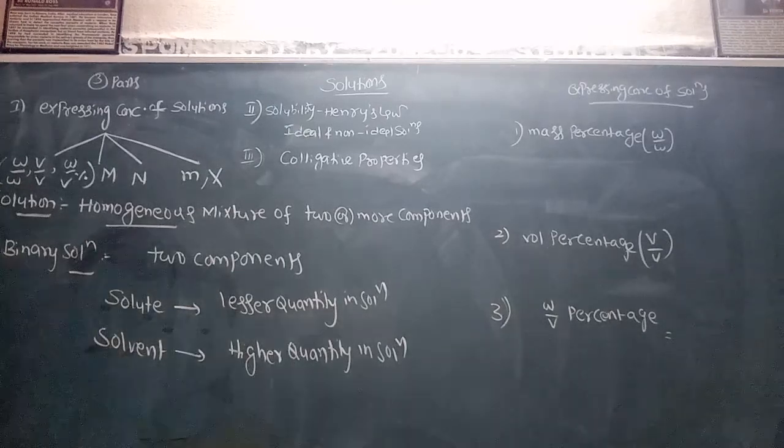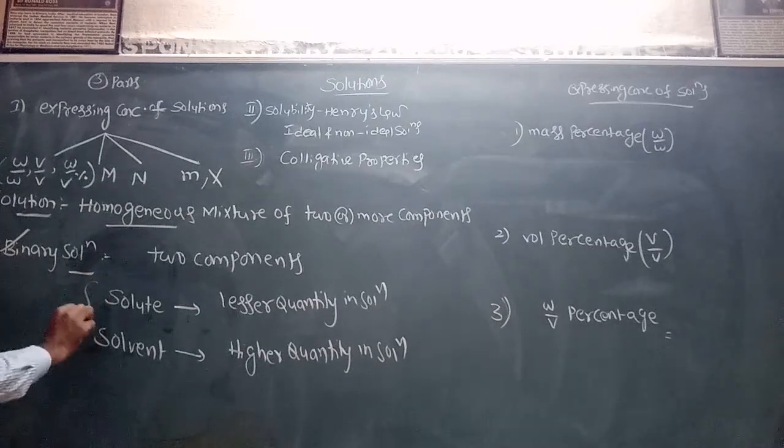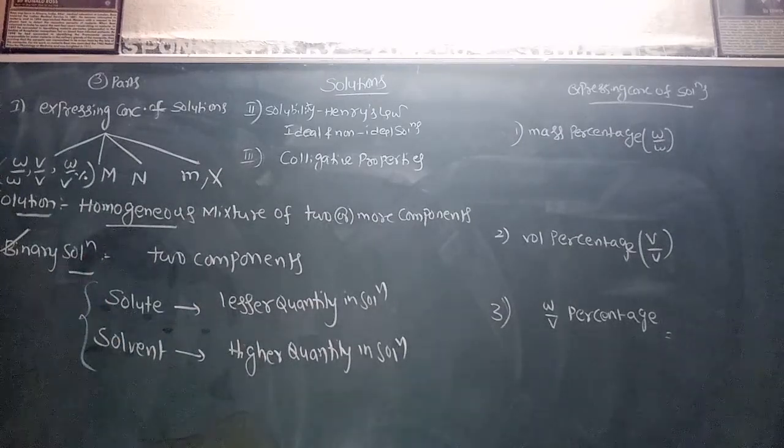What is a binary solution? Bi means two. A binary solution is a solution which contains two components. Most solutions have two components. Throughout the chapter we will discuss binary solutions only, those containing two components.